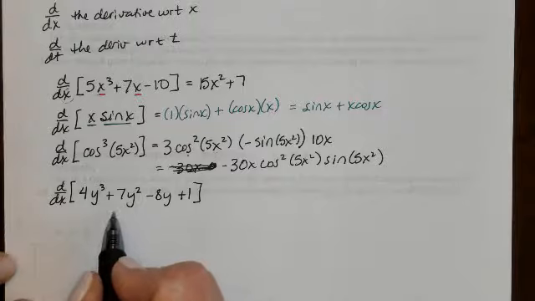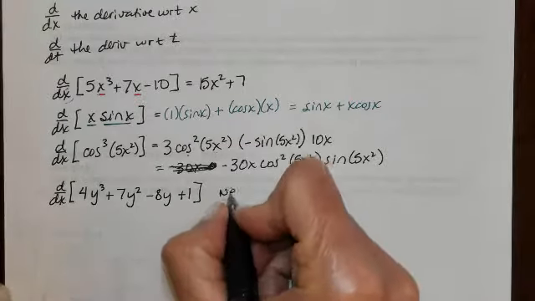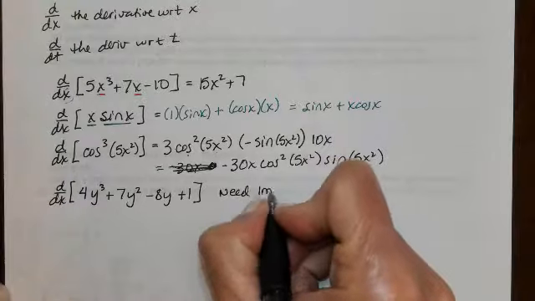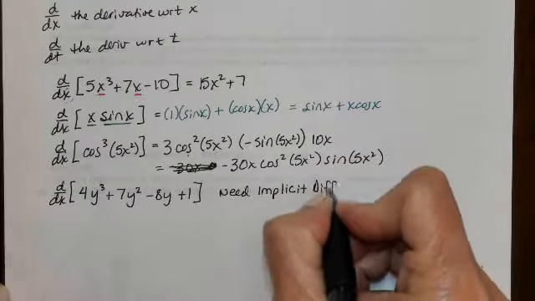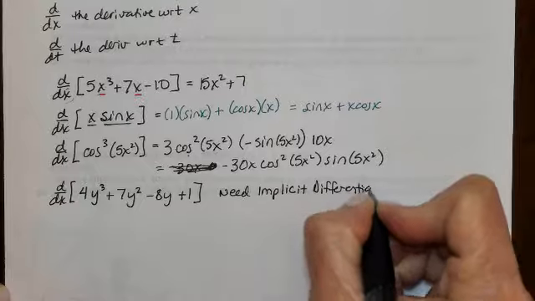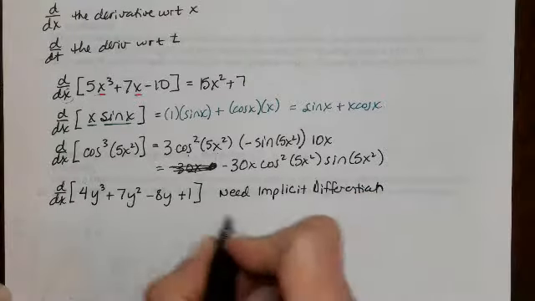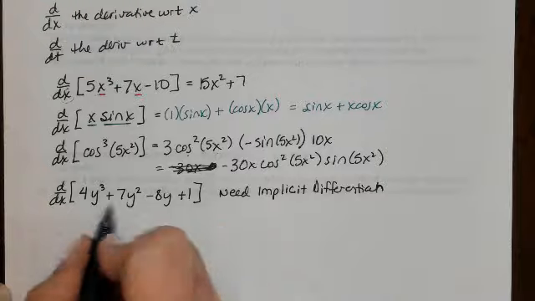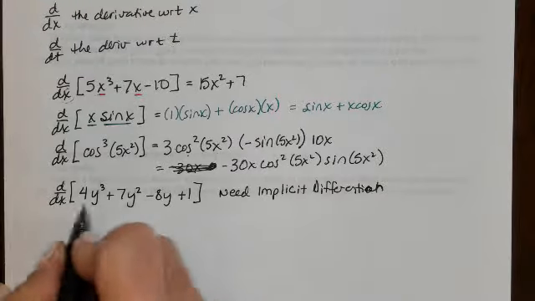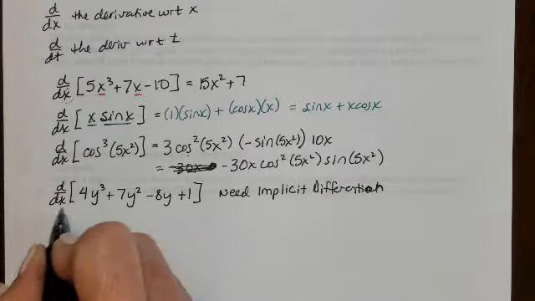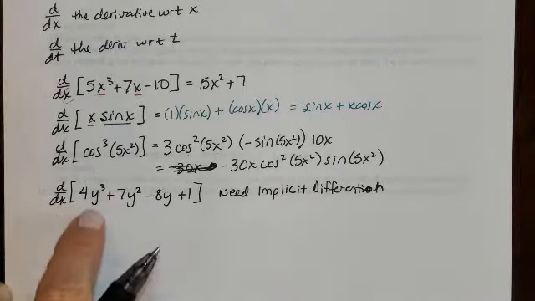That's where we need what is called implicit differentiation. Implicit differentiation is when you are taking the derivative of an expression with respect to some variable that is not in your term.